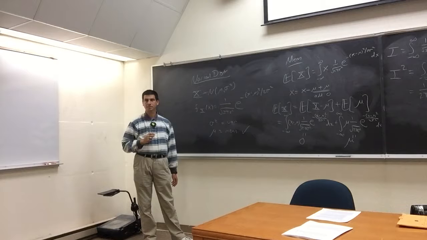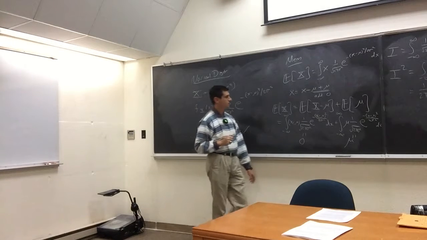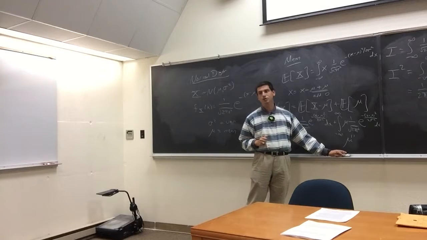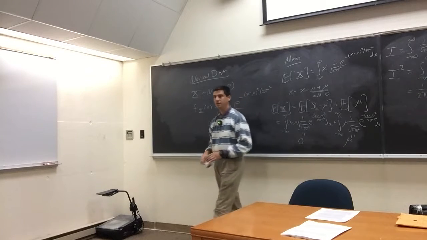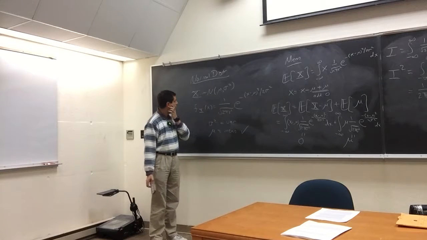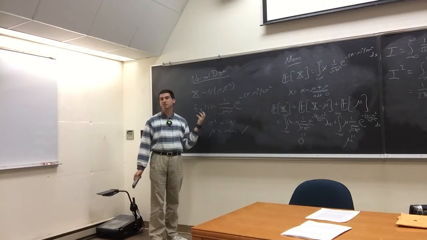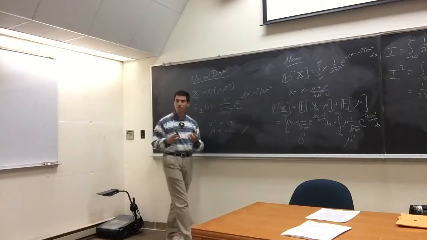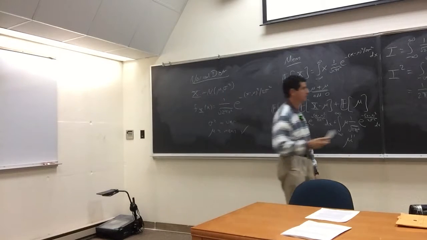Okay? The other thing we could do to make things a little bit easier is to always transform our variables. Instead of looking at the variable x, we could look at the variable x minus mu over sigma. That would transform things, see how that behaves, and then pass it out.